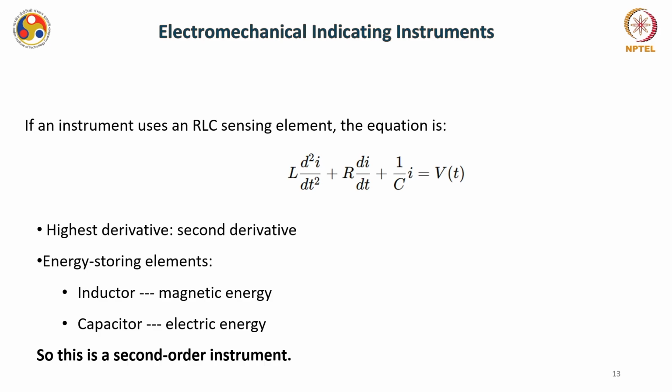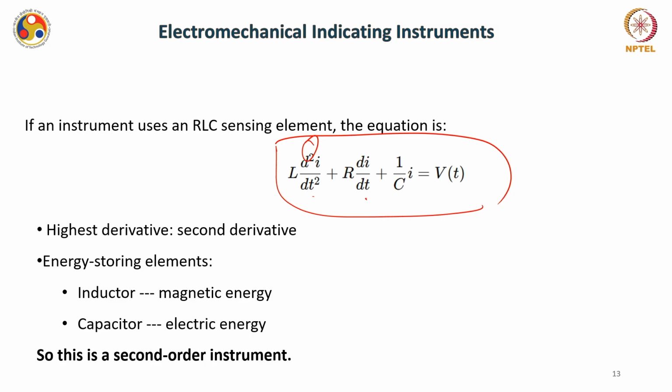So let's try to understand this with a certain example. Say an instrument uses the RLC circuit that you have just seen, the equation can be written like this: L d²i/dt² plus R di/dt plus i/C equal to V. Now in this equation the highest derivative is the second order, so you can say that the system is second order.